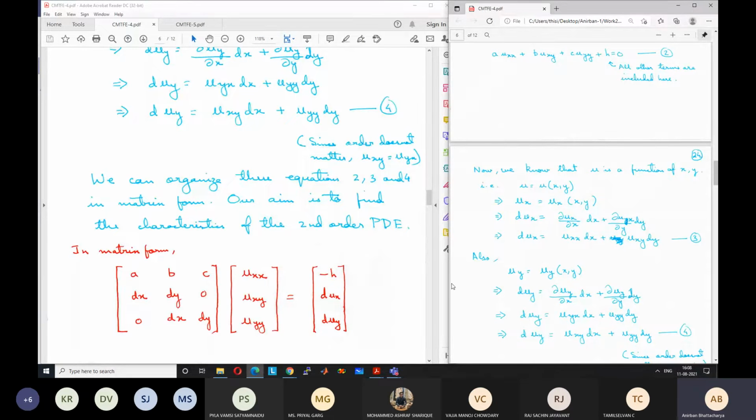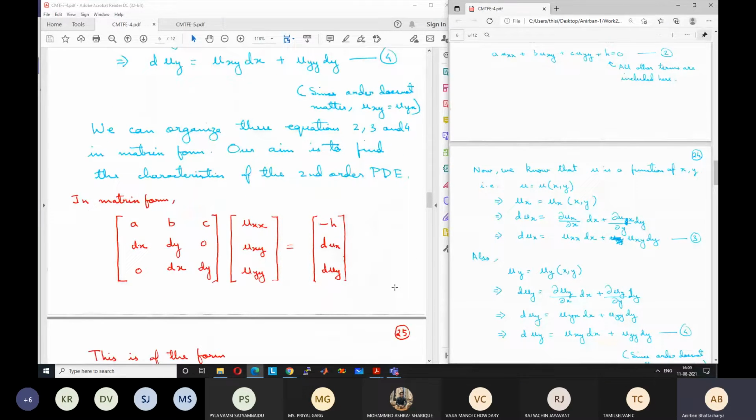Similarly, the third equation has no uxx term, so 0 into uxx plus dx into uxy plus dy into uyy is equal to duy. Obviously, you know matrix multiplication: first row into this column is equal to the first term, second row into this column is equal to the second term, third row into this column is equal to the third term.